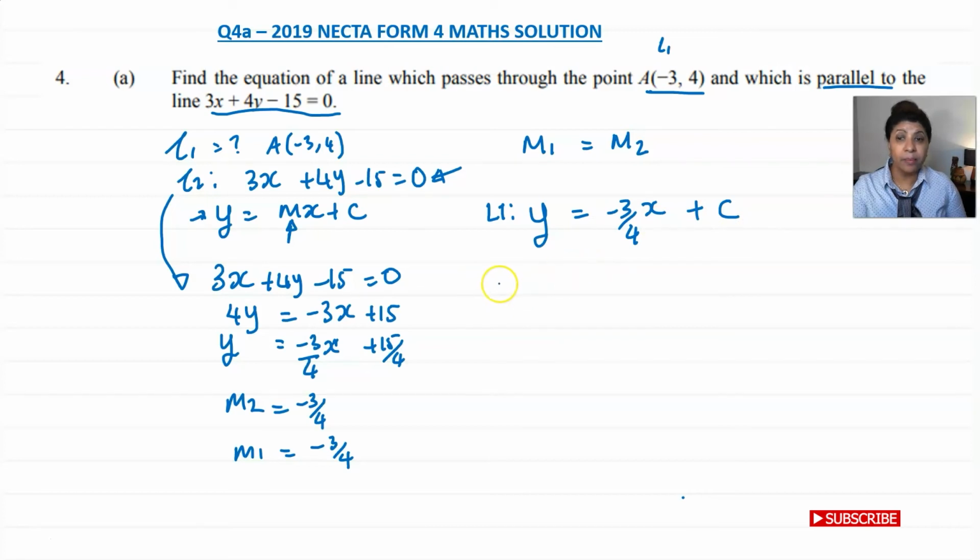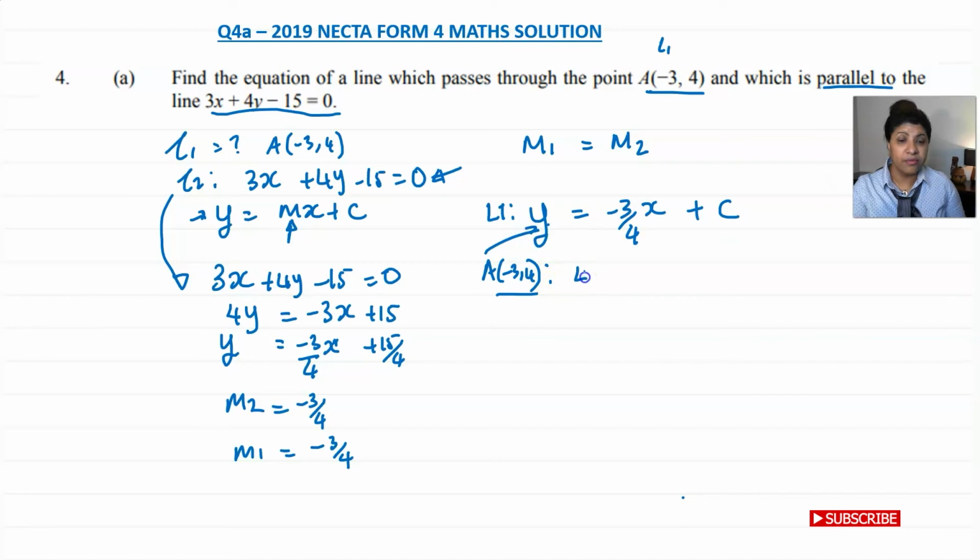But we have a point for line 1, so we can sub in the values. We've got this point A (-3, 4). We can put those in, so put y as 4 and x as -3, and then the only unknown will be c, the y-intercept.